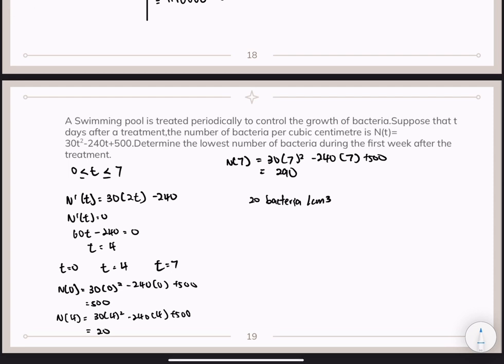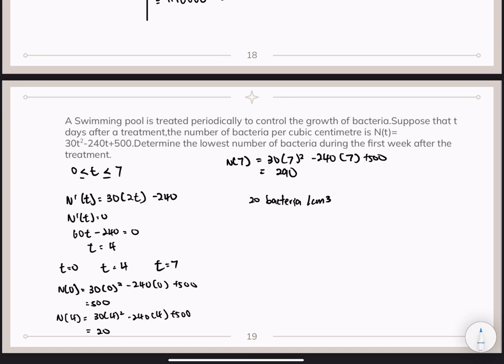A swimming pool is treated periodically to control the growth of bacteria. Suppose that T days after a treatment, the number of bacteria per cubic centimeter is n equal to 30T² minus 240T plus 500. Determine the lowest number of bacteria during the first week after the treatment.